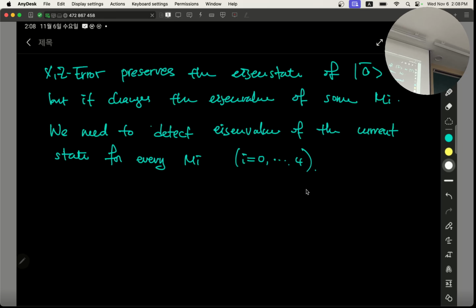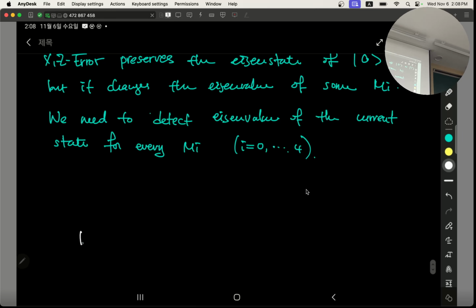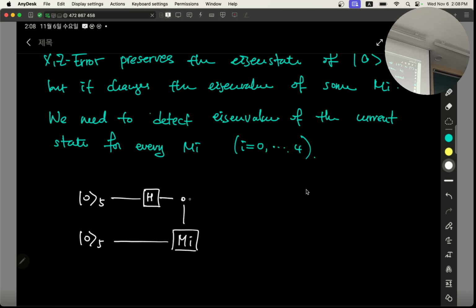Let's think about it this way. I have a 5 qubit code, and I'm going to apply Hadamard on the top register, and on the bottom register, I'm going to have a target qubit for mi. Then I'm going to measure the top register here.